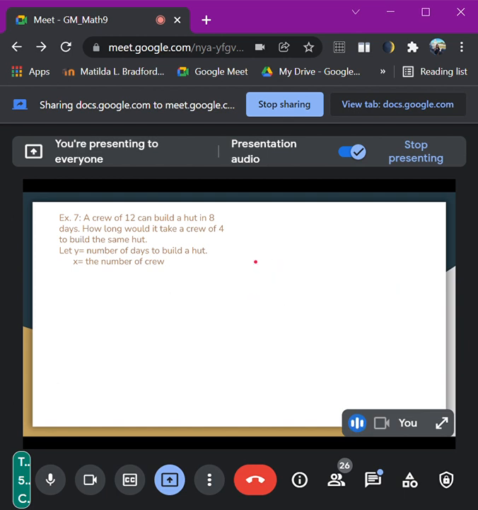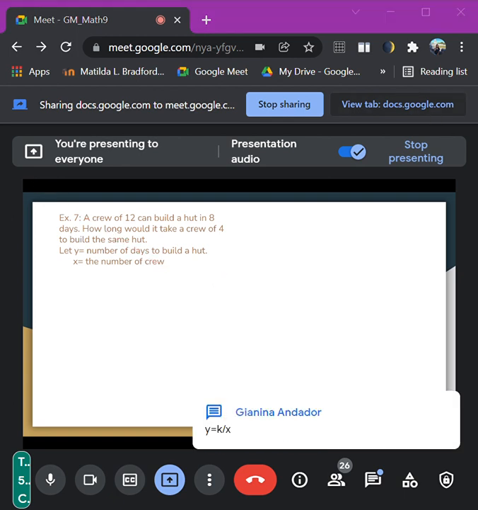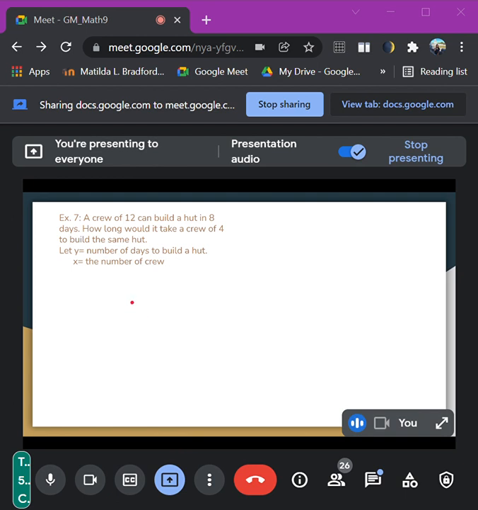So, you have there, let y is equal to the number of days to build a hut. And then x is the number of crew. So, what are we going to do here first, class? Okay. So, the same as what you used in our inverse, we have y is equal to k over x. Okay?